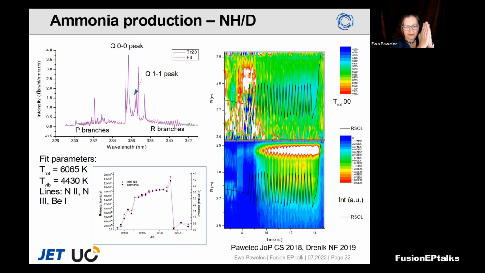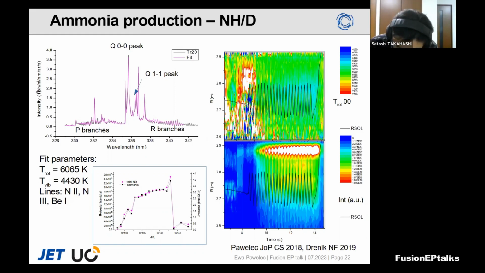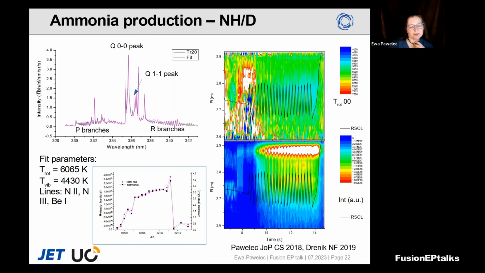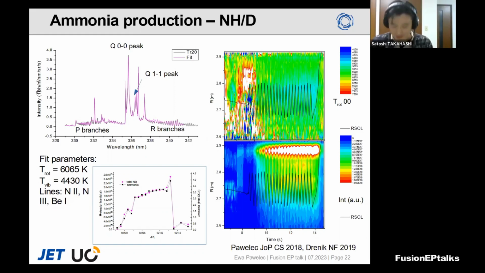NH and N2 are very close to each other, and then N2 plus and CN are another band. I have observed CN even in JET. We don't have much carbon, but for the very low energy pulses, I have observed the cyanide molecule as well. Oh, I see. Thank you very much.